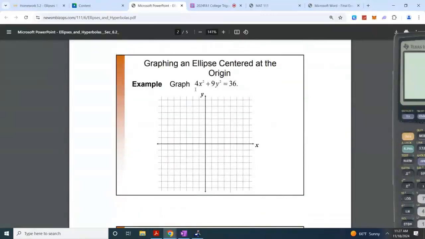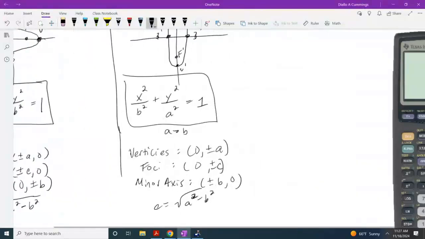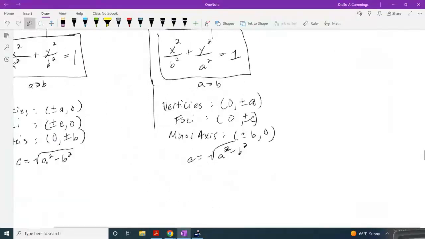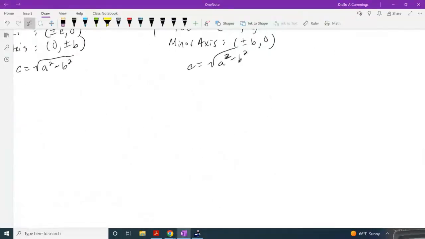And then here's an example on the slide that says graph 4x squared plus 9y squared is equal to 36. I'm going to do a rough sketch.